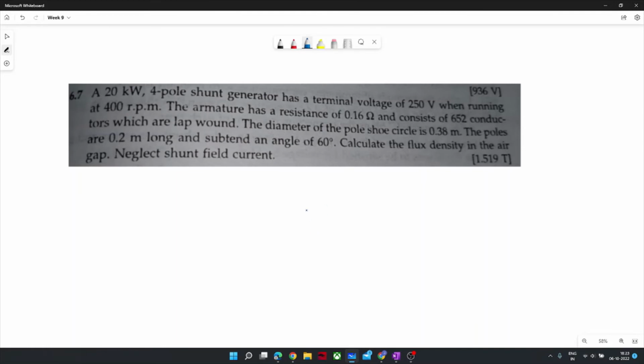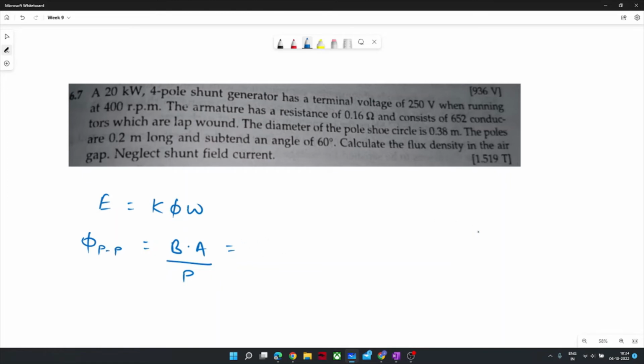So we all know that EMF is equal to K phi omega, and this flux is flux per pole, right? And flux is equal to B dot ds, or average air gap flux density into area, and that flux per pole we can write in this manner.